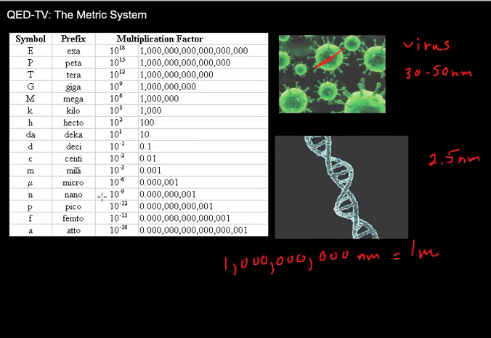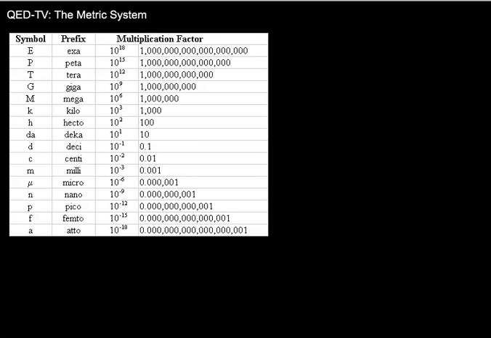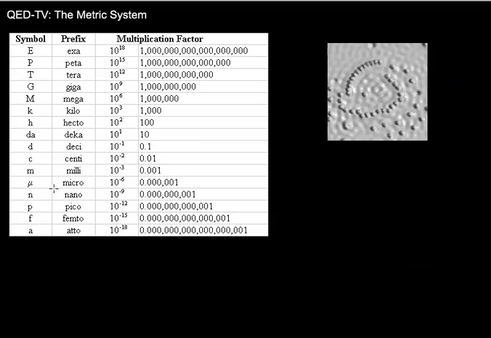I want to go just one place down below nanometers. And that prefix isn't on here, but I do want to talk about it. So let's go to that one. We're going to be right in here.